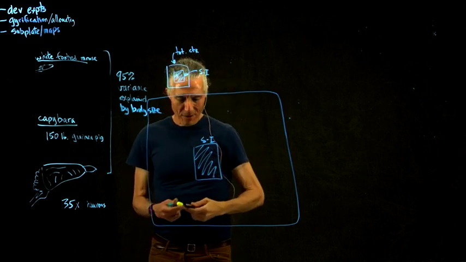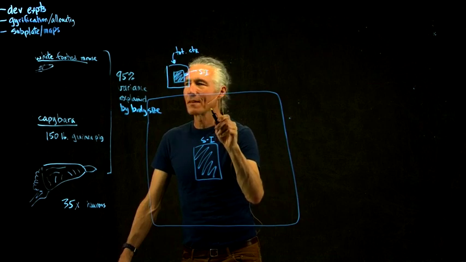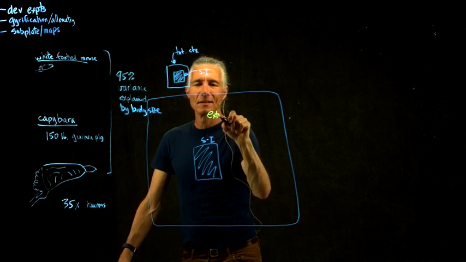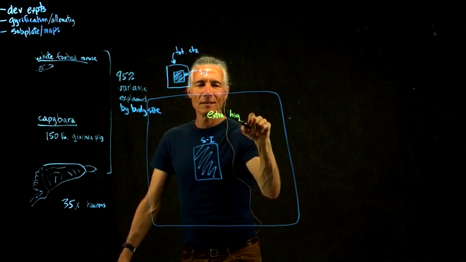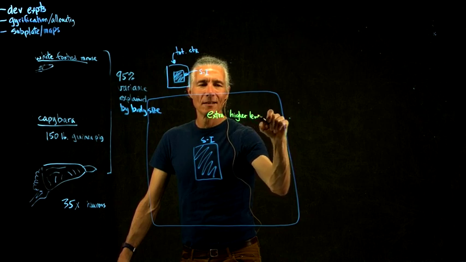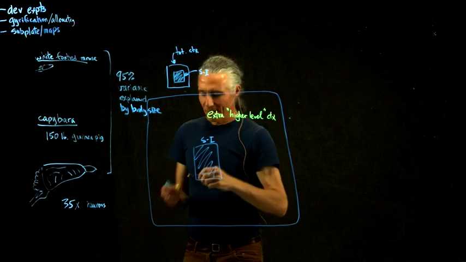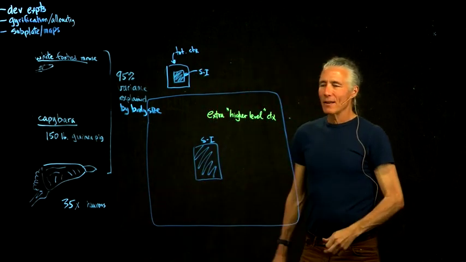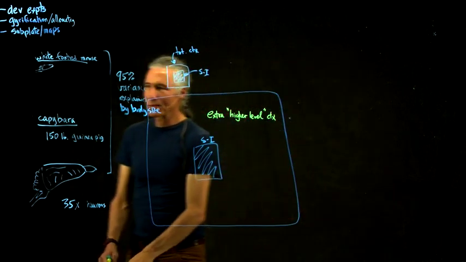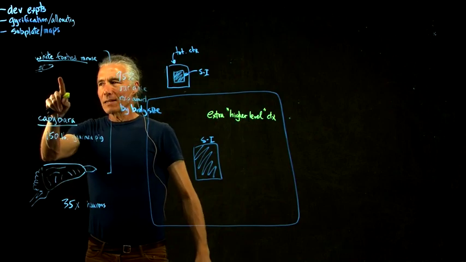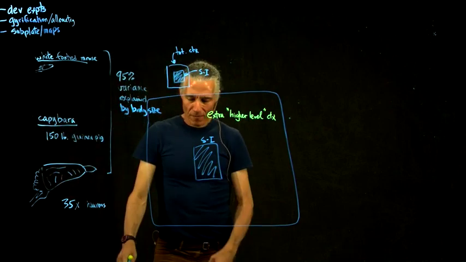extra secondary cortex, so extra higher level cortex, we'll put it in quotes. You can see this if you compare primates of different sizes, mice of different sizes. It's just a general phenomenon.